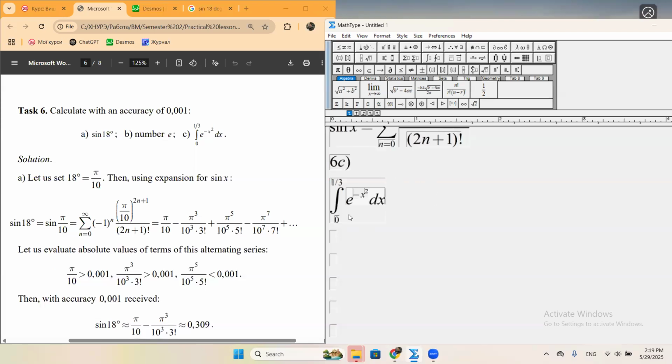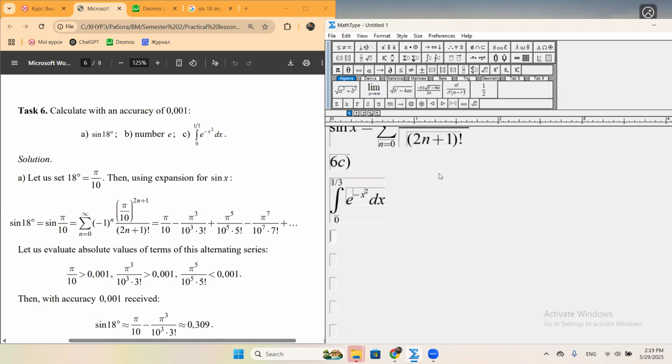And this integral cannot be calculated analytically, so we cannot find it in tables of integrals. So we will calculate it approximately.